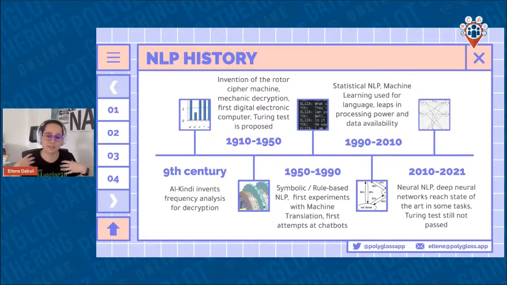And to do that, it must fake that it is a human quite successfully, right? But I personally tie the history of natural language processing a lot further back than that.